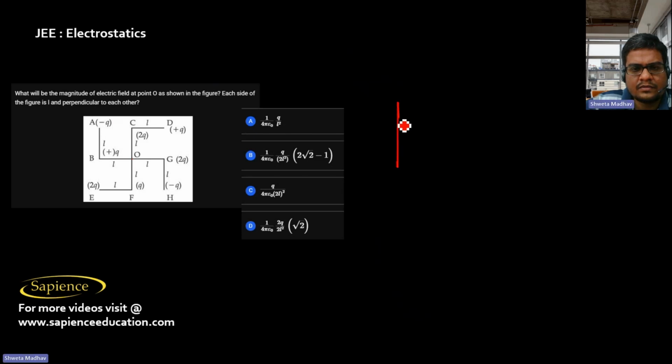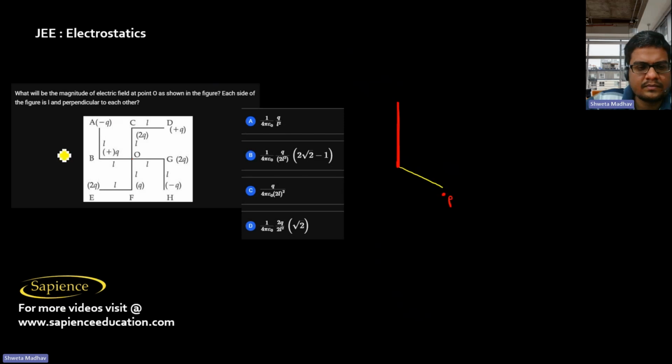So if we have a rod, and at some point here, how much will be the net electric field if we want to find that?